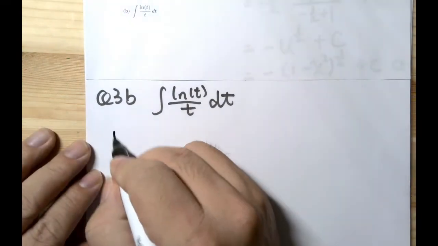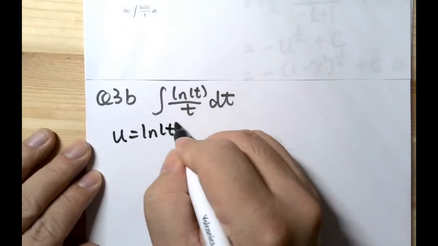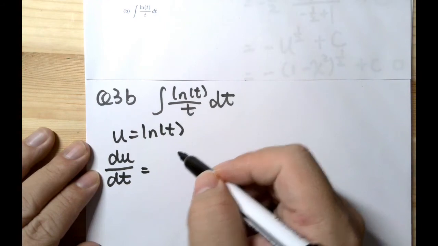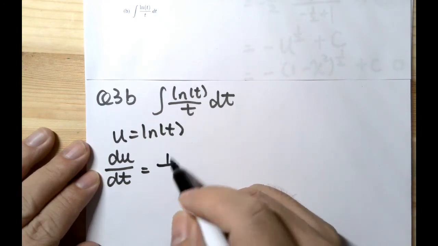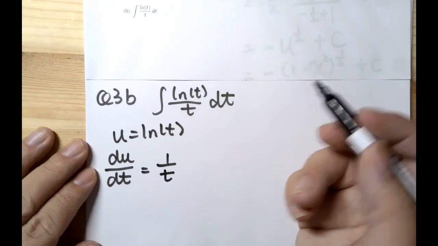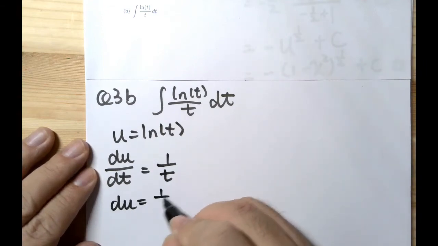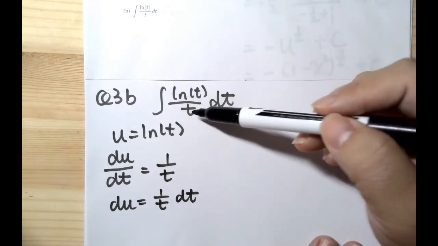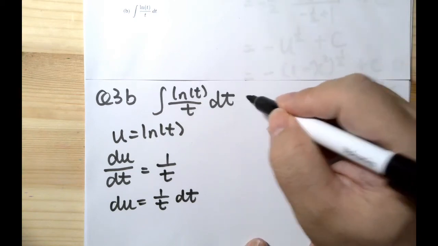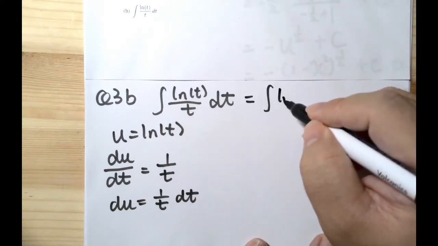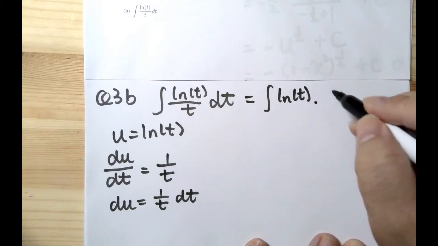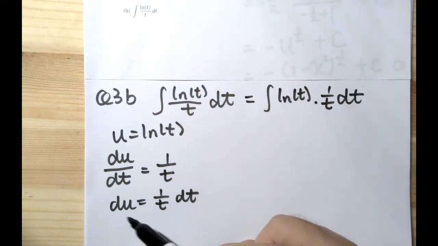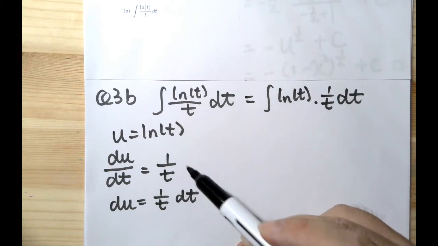If u equals ln of t, then du, because u is a function of t, is 1 over t dt. So look at what we have here: 1 over t dt. If we rewrite this as 1 over t times 1 over t dt, now this is straightforward. 1 over t dt is du, and u is ln t.